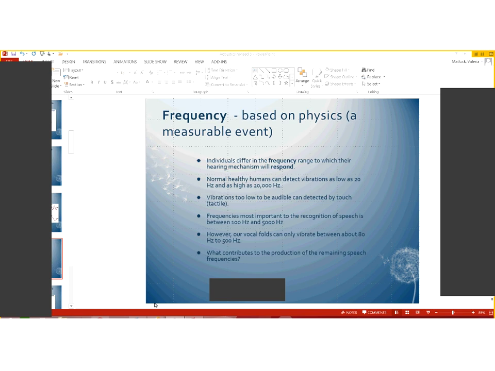Now, our vocal folds, however, only vibrate as low as, for a male, 80 cycles per second, and for maybe a screaming child, 500 hertz. So the question is, where do those other frequencies come from? Where do they come from? And so we'll talk about that in a minute.